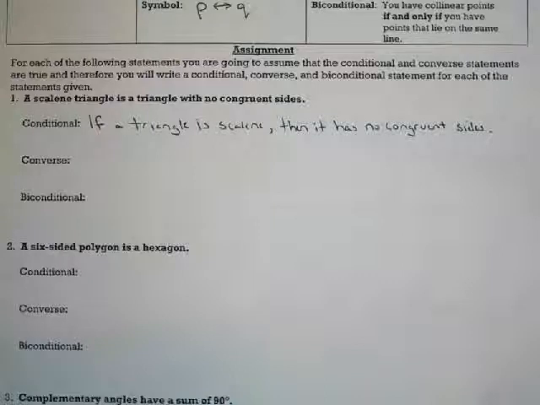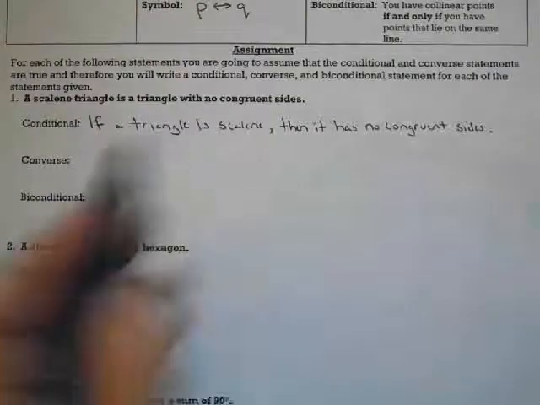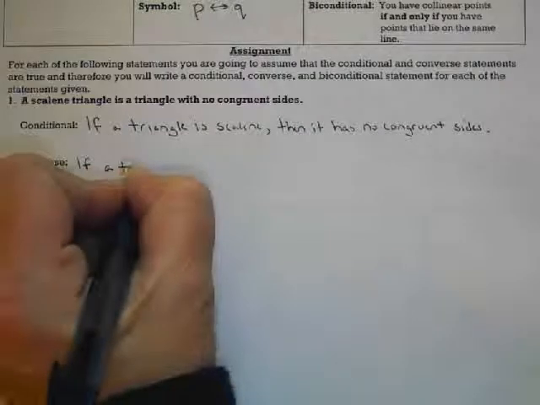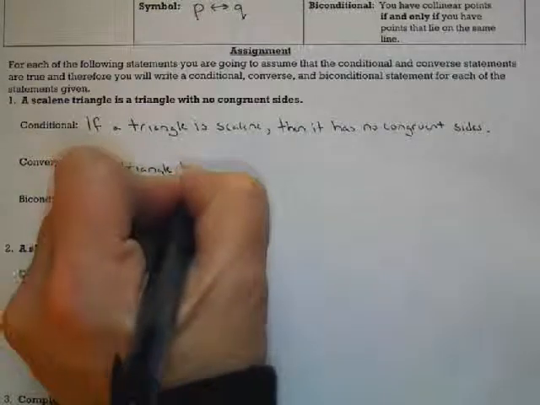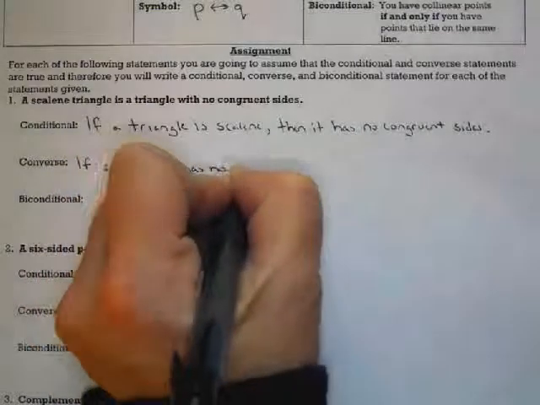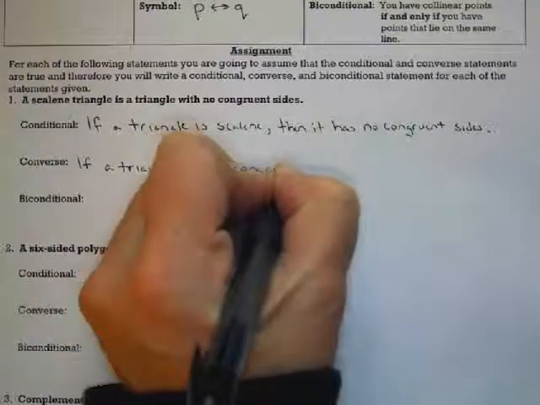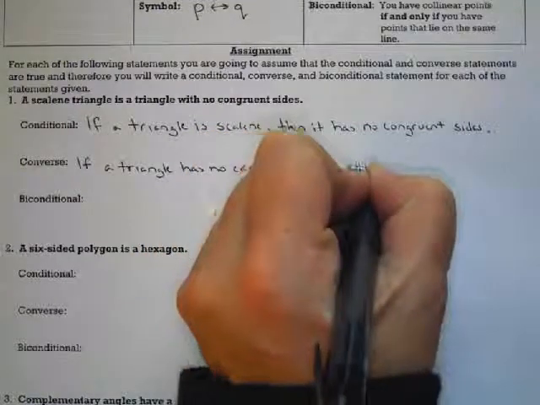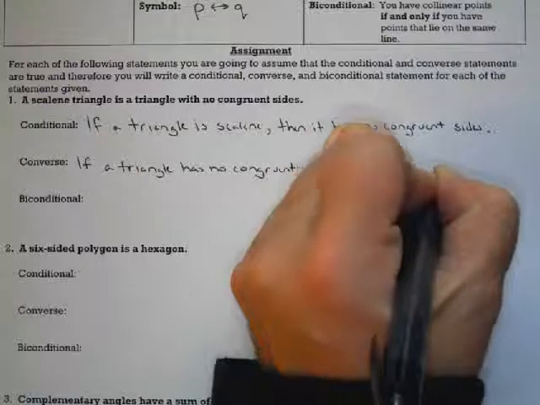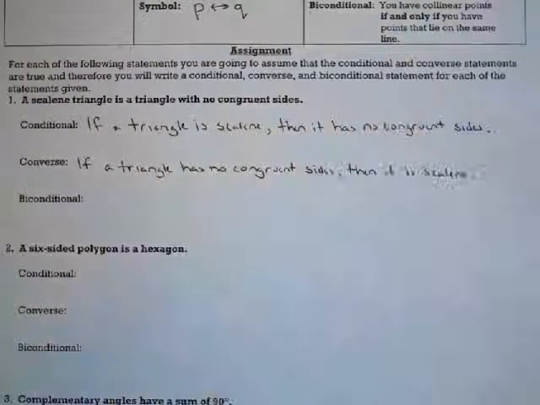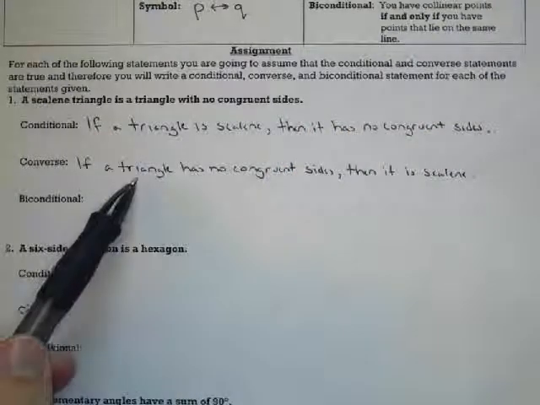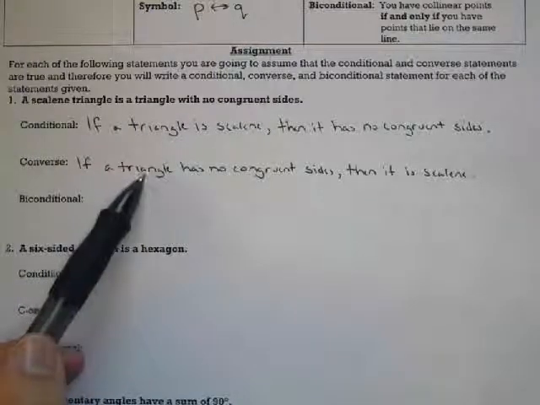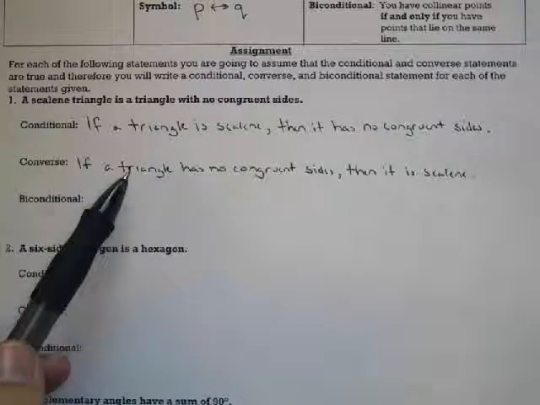The converse is: if a triangle has no congruent sides, then it is scalene. Notice we always want in the hypothesis to make sure we are really specific as to what we're talking about. So don't use words like "they" or "it" in the hypothesis.